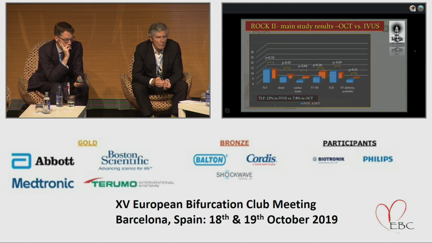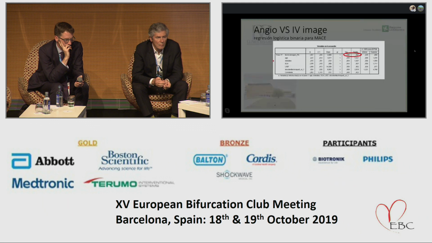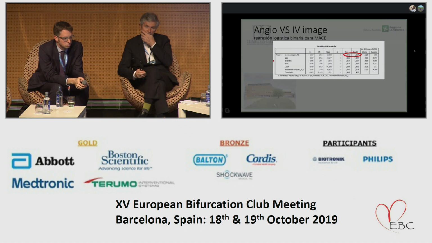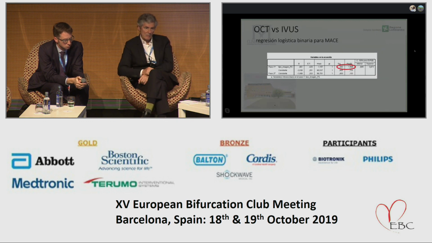And we have, from this very day, thanks to CHEMA, the analysis of the propensity matching, which shows a significant reduction in the TLF in the first analysis, which is under-guided versus intravascular imaging guided. And again, no difference, but a trend towards an improvement with the OCT.